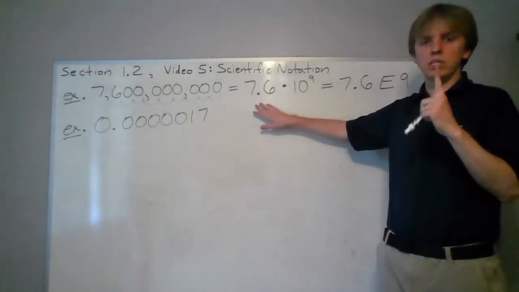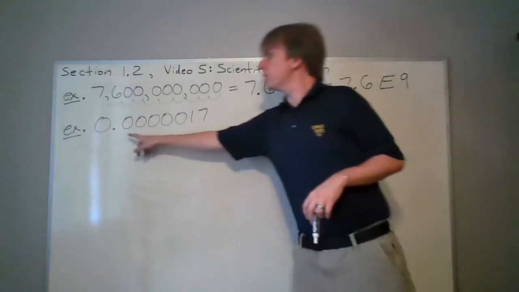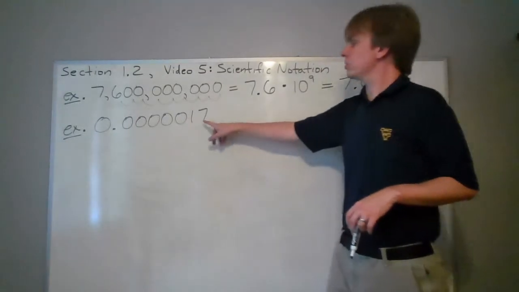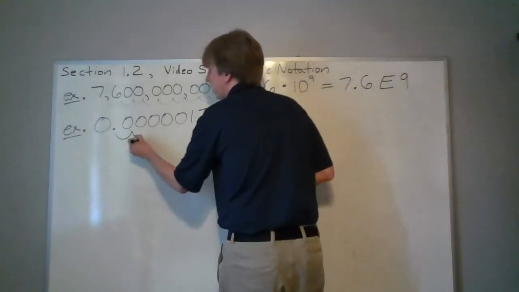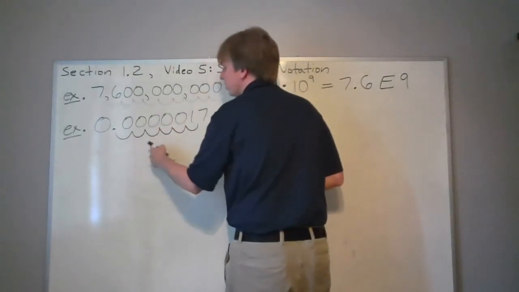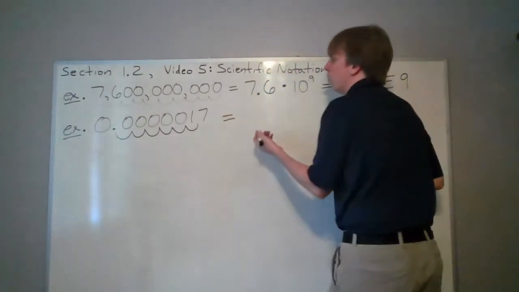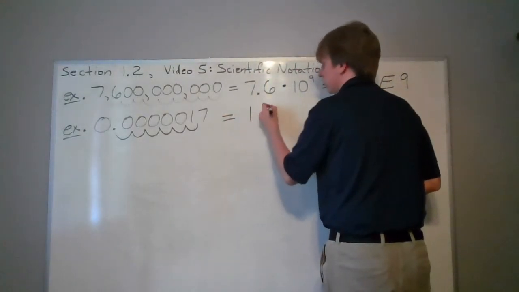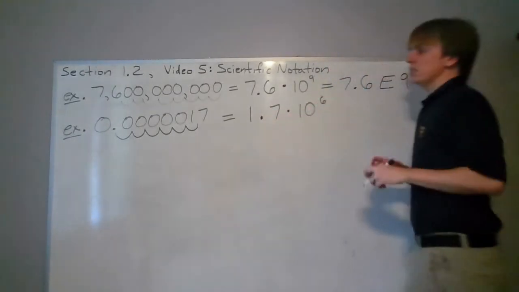So it's a 1-digit number in front of the decimal point, which basically means you're going to move the period until it's after the first non-zero number. So in this case, again, just count how many times we're going to have to move the decimal point. We're going to have to move it 1, 2, 3, 4, 5, 6 times. And so this would be 1.7, and then I'm multiplying it by 10 to the 6th.